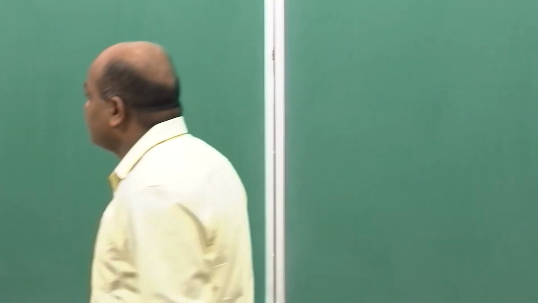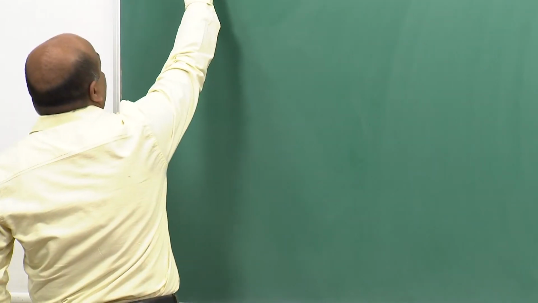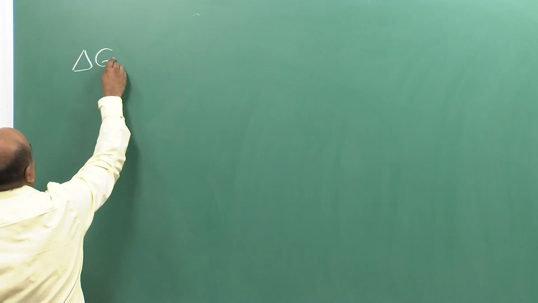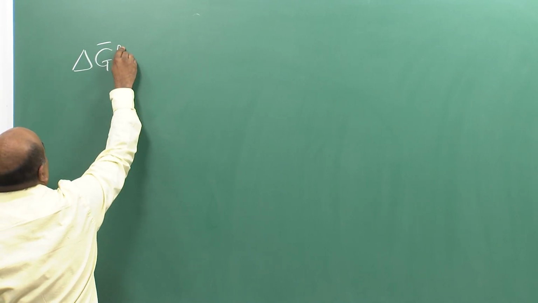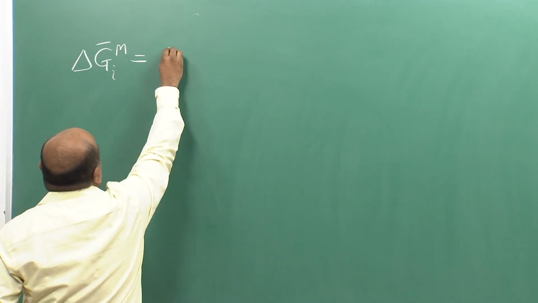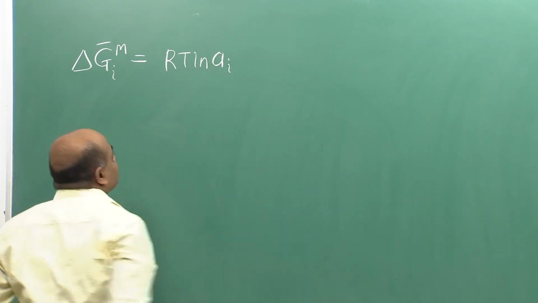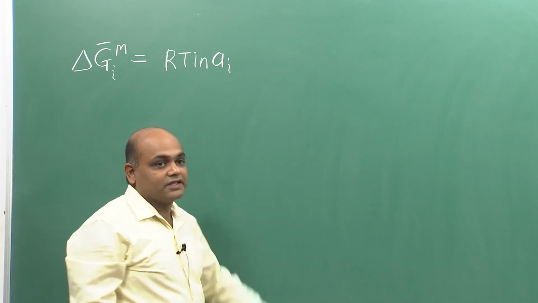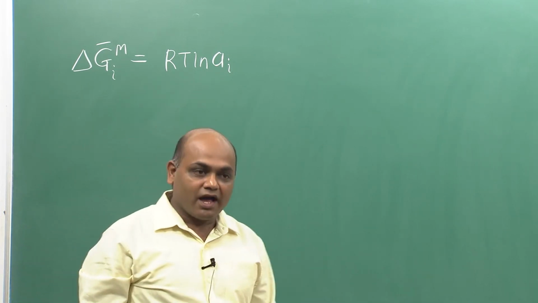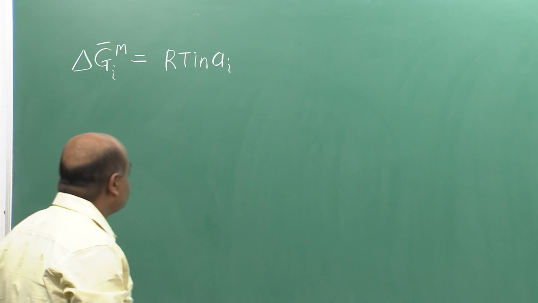With this, we got the expression for partial molar Gibbs free energy of mixing of the component i as RT ln ai, where ai is the thermodynamic activity of component i in the solution.